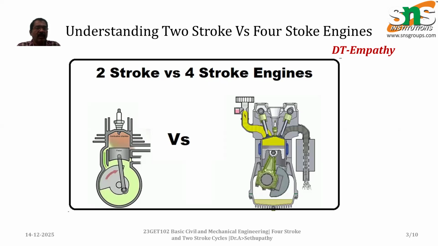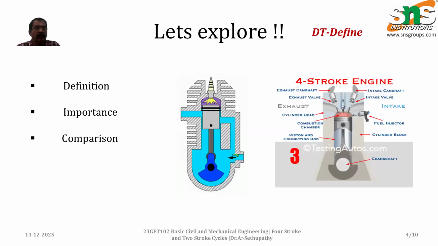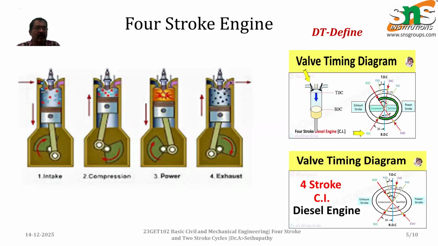This is one revolution. Then the piston again moves from top to bottom and bottom to top. These two reciprocating actions, four strokes, give one power stroke. That is called the four-stroke engine. So we have clearly established what two-stroke and four-stroke are.